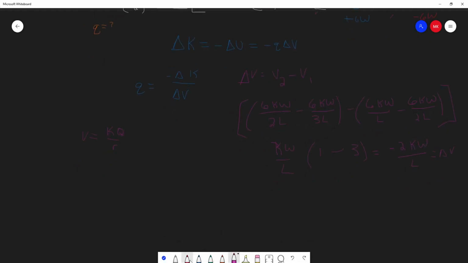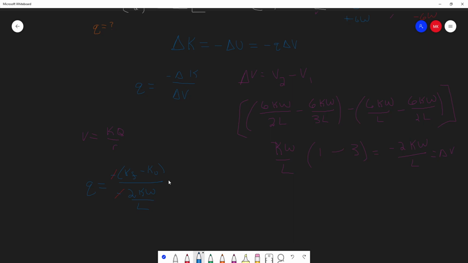So solving for our charge. Charge equals our negative delta K, which is negative Kf minus K naught, over delta V, which we got as negative 2 kW over L. Canceling out these negative signs, of course.